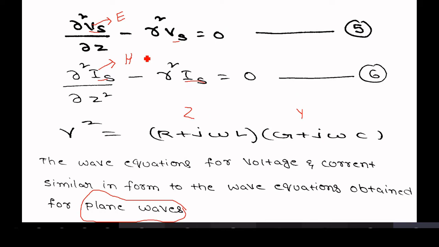So the solution will also be similar to the wave equations for the plane waves. The second order differential equation solution will look the same. These are called the wave equations for the transmission lines.